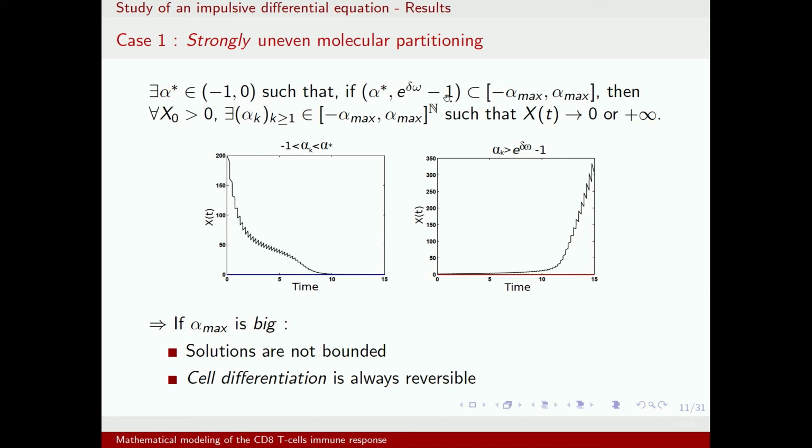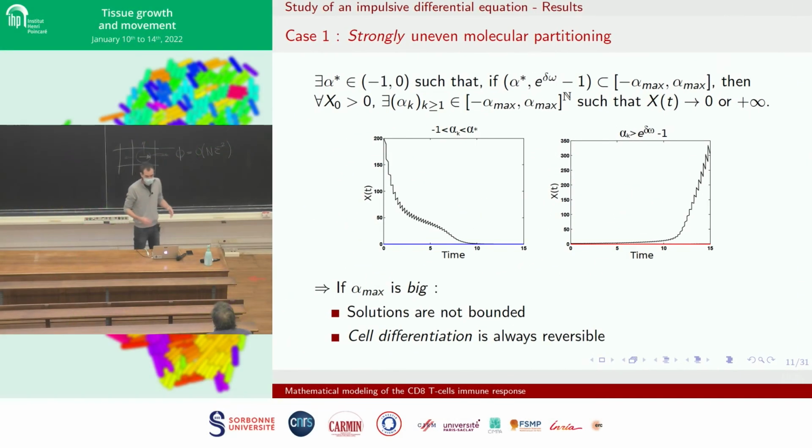So precisely, there exists a critical value alpha star between -1 and 1, such that if alpha max is bigger than alpha star times the exponential of the decay rate times the length of the cell cycle, minus 1, then for any initial condition, depending on the stochastic sequence alpha k, the solution can converge to 0 or diverge to infinity. So in other words, the solution can reach any positive value.